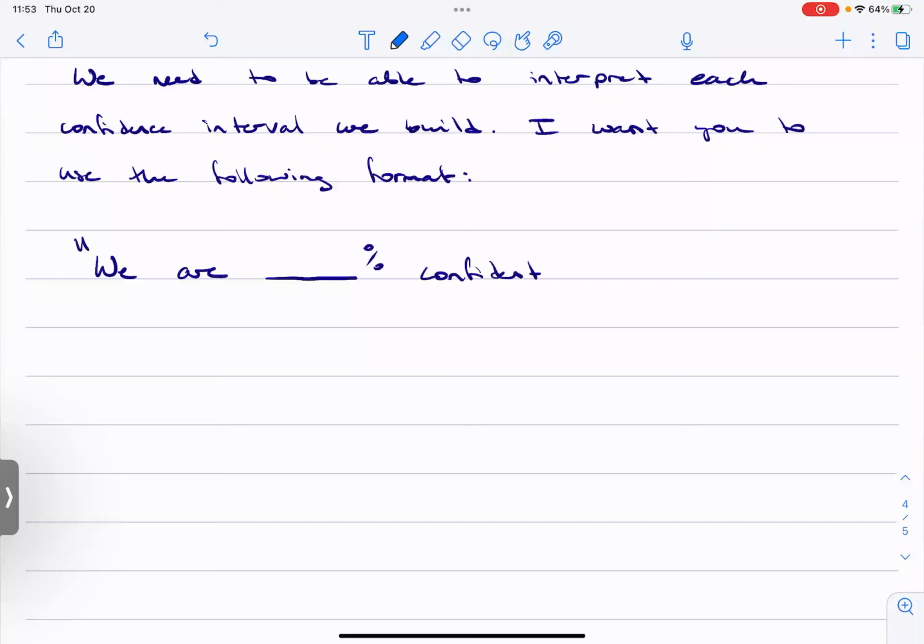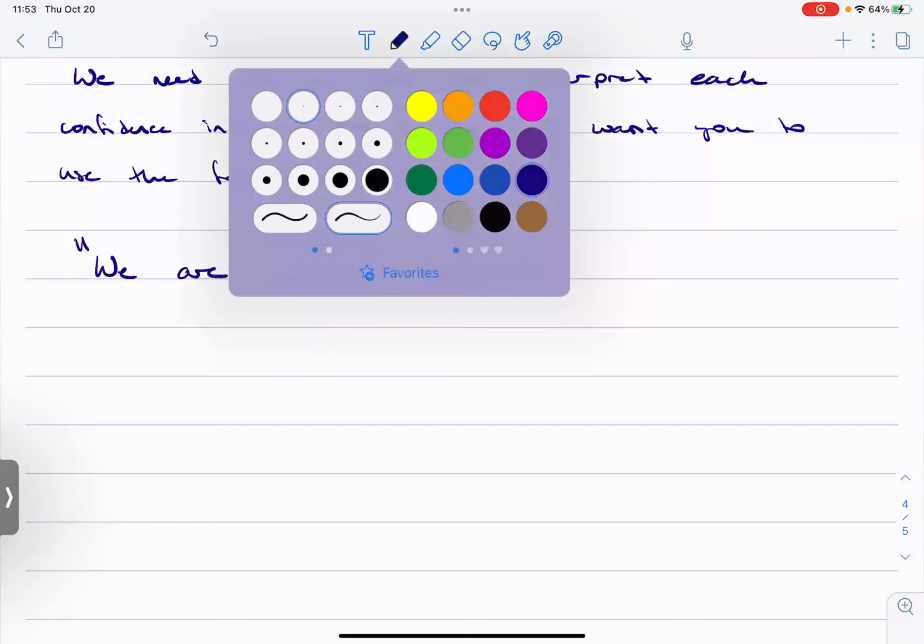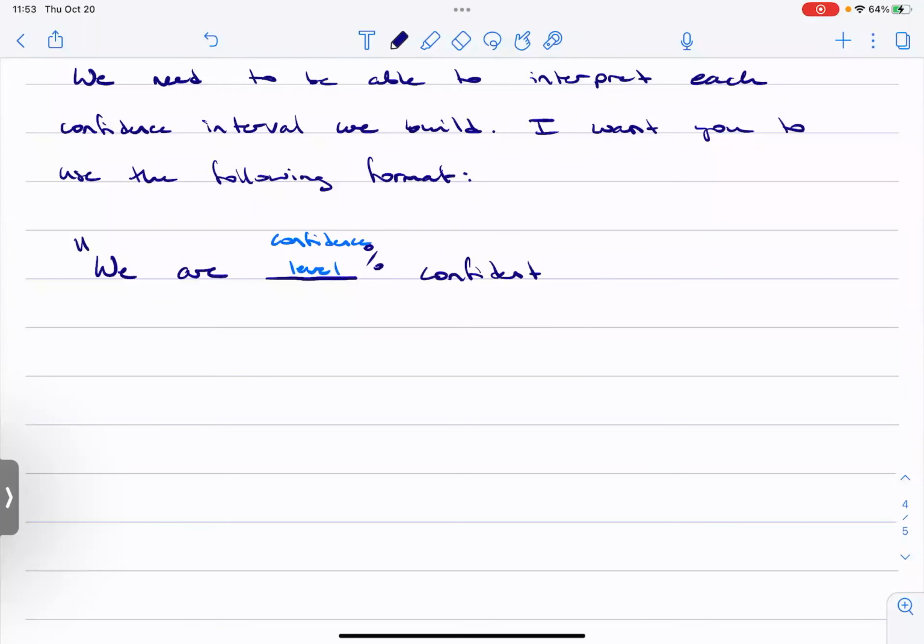And this is where we insert the confidence level. 95% confident, 90% confident. And this part, people tend to not have a problem with.